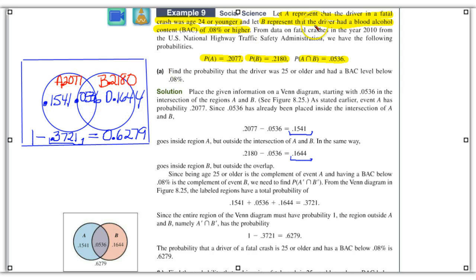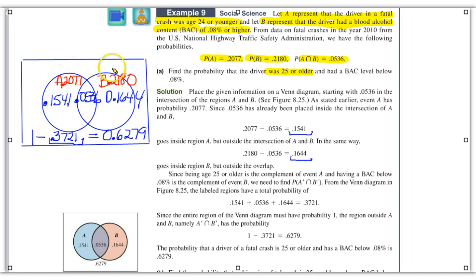And from the data that we have, what would be A would be this, what would be B, we had to subtract that from the total, or do it this way. So the actual answer to our question, find the probability that a driver was 25 or older.